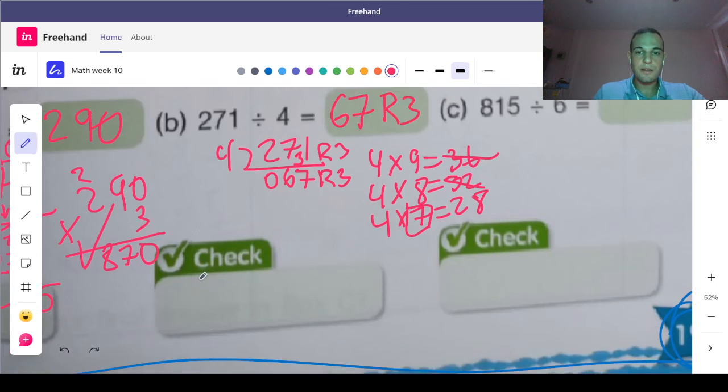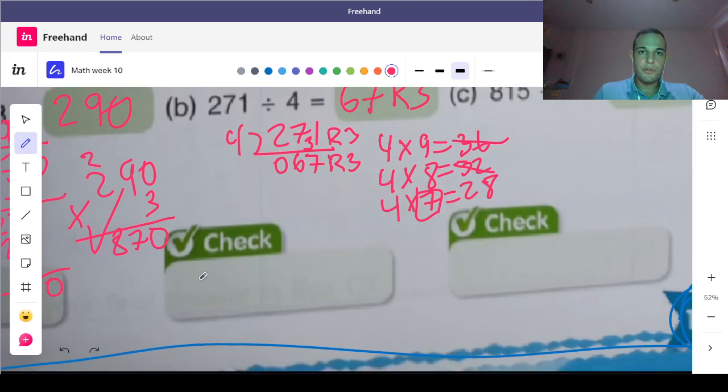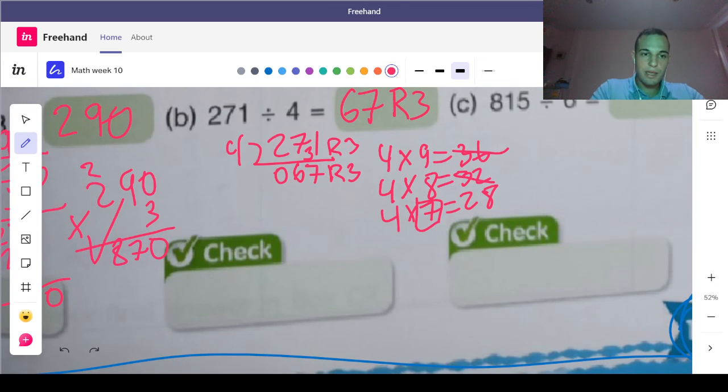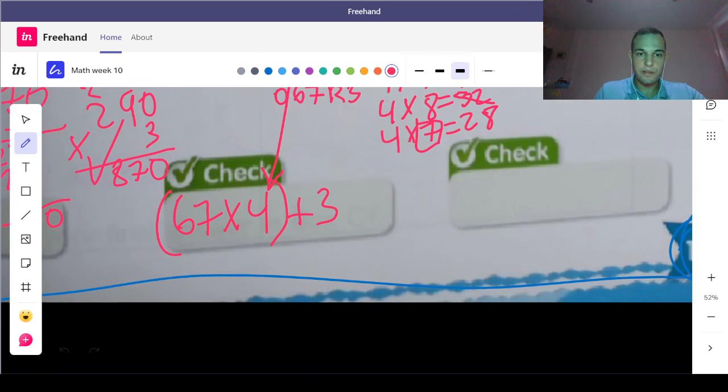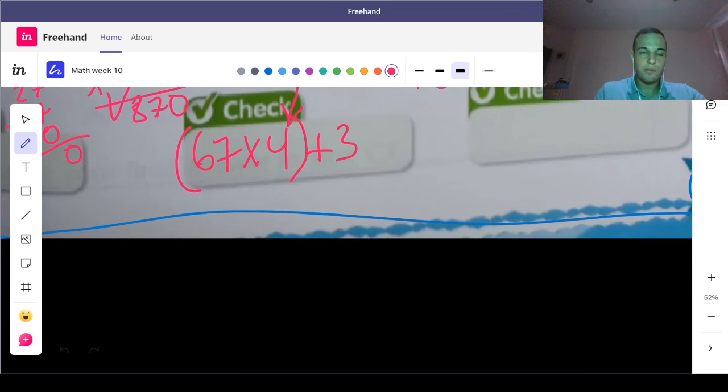So how do we check it? Well, you remember we have to multiply 67 times 4, and then we have to do plus 3. Okay? 67 times 4 plus 3. So let's do that really quick now. 67 times 4.